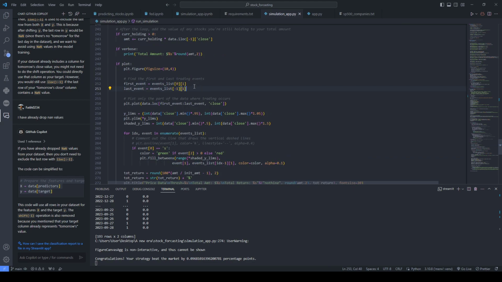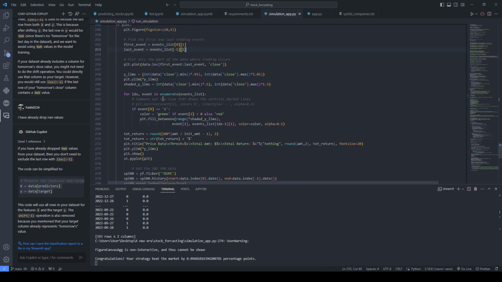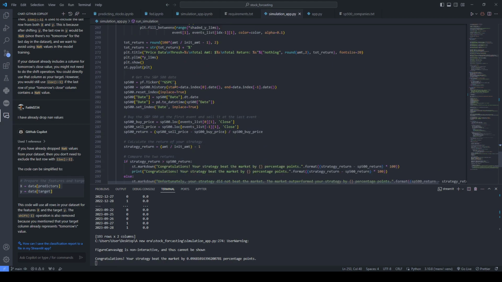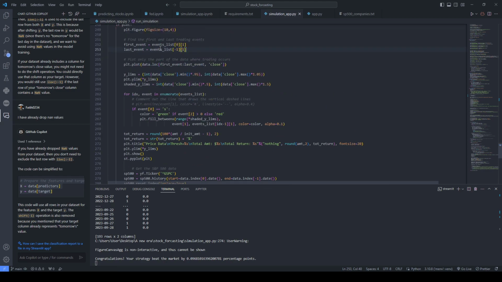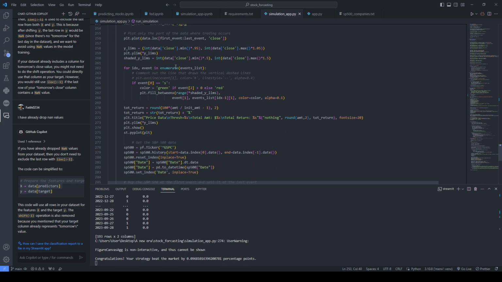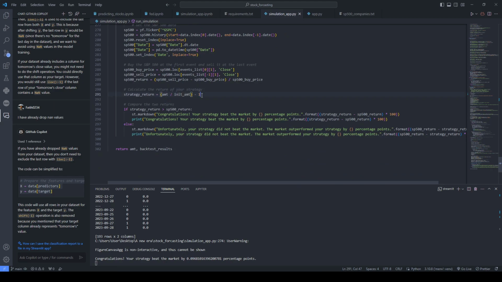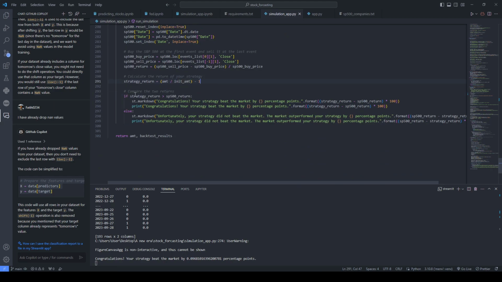Hypothetically, if we didn't do this trading section, and bought the S&P 500 at the beginning and sold it at the end, how much would we have made? If our strategy is bigger than that, we say congratulations.